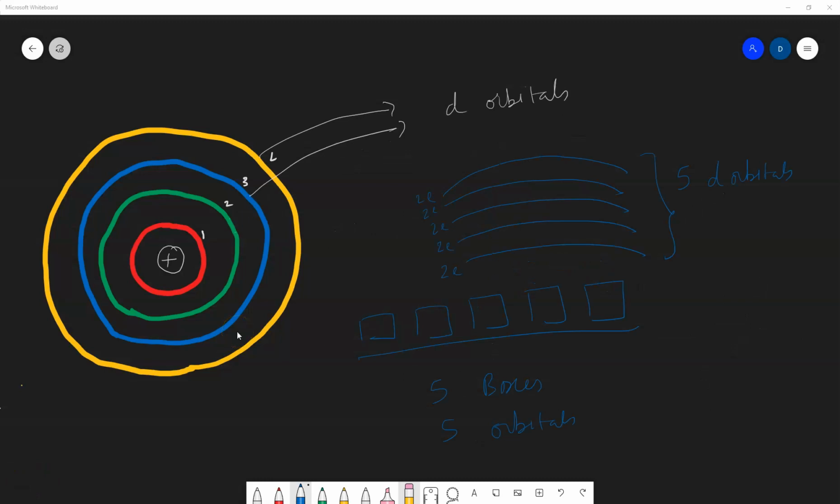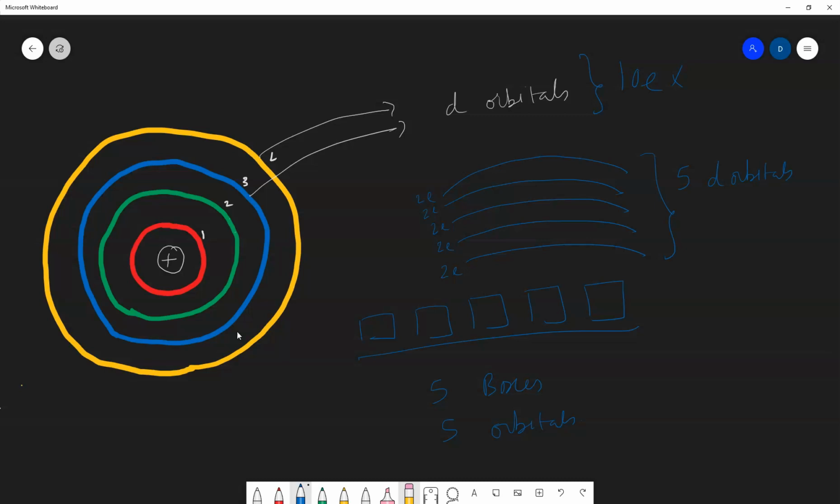The next is, we also know that the d orbital can have a maximum of 10 electrons. What the scientists came to know is, it's not one single d orbital having all the 10 electrons. They found out there are 5 orbitals, and all these 5 orbitals put together are called d orbitals.